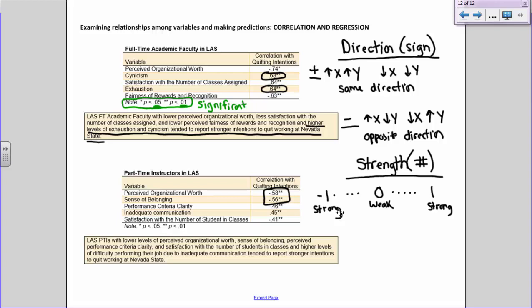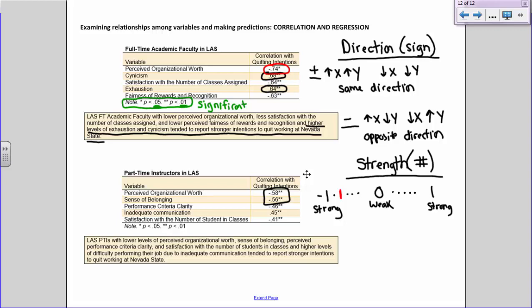So if you have a correlation of negative 0.74, right? That's right around here. That is a strong negative relationship. So consistently, those who feel more perceived organizational worth tend to be less intent on quitting, okay?